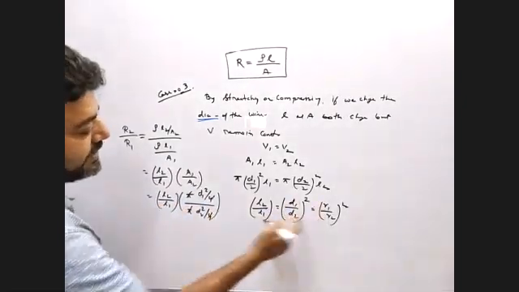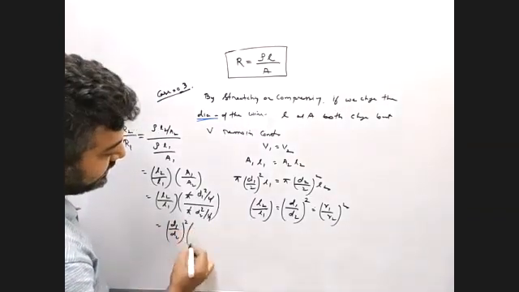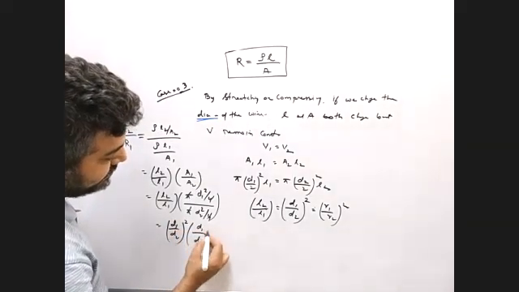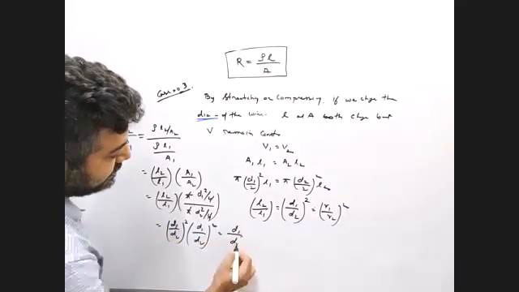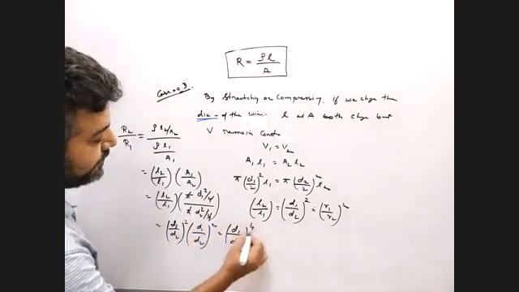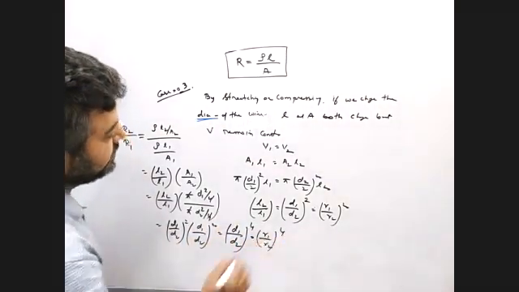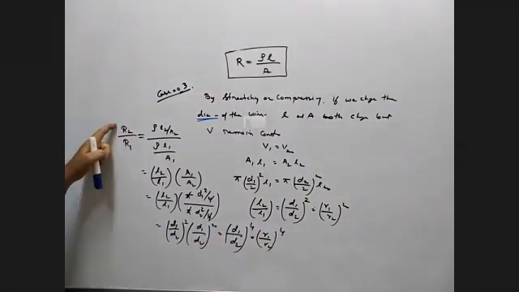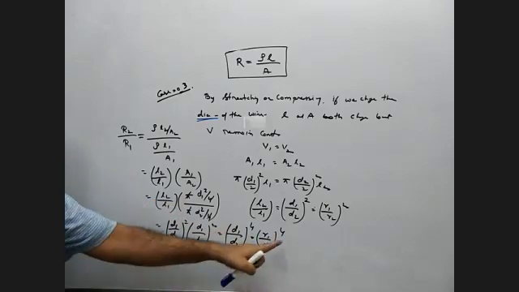L2 by L1 you already have as D1 by D2 whole square, and this one is also D1 by D2 whole square. So you have D1 by D2 to the power 4, or you can write R1 by R2 to the power 4.